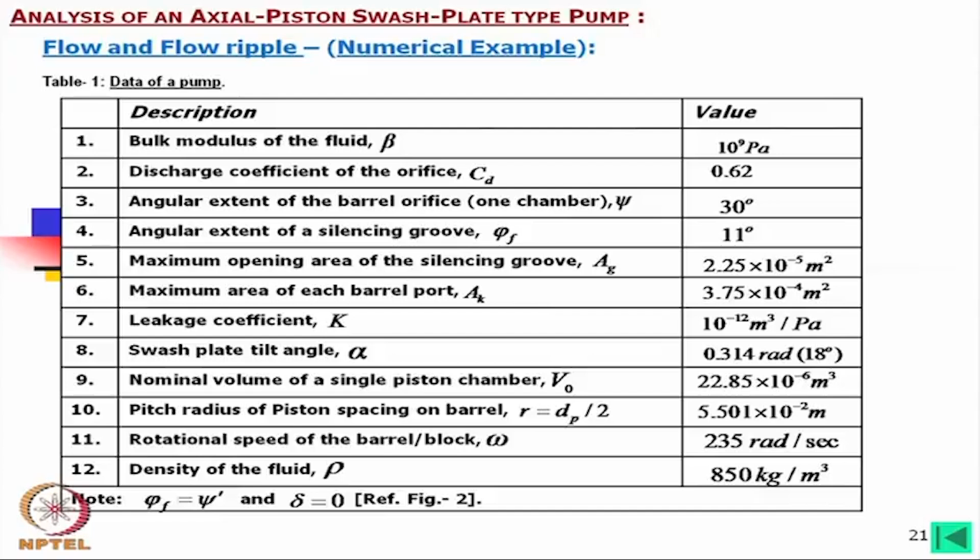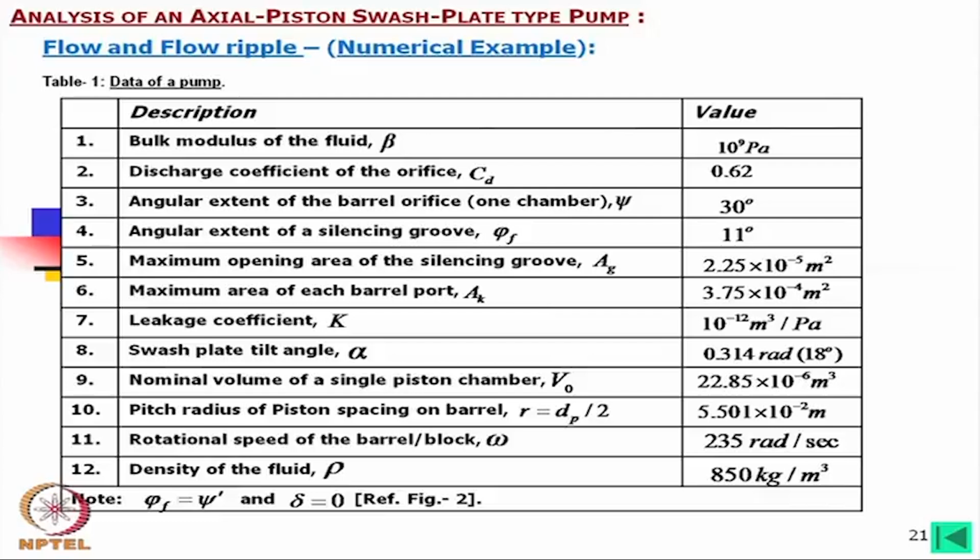Coefficient of discharge is 0.62. I would like to mention that usually these grooves are made in such a way that they act as an orifice, so that we can use this coefficient 0.62. We have studied the criteria to determine this CD.